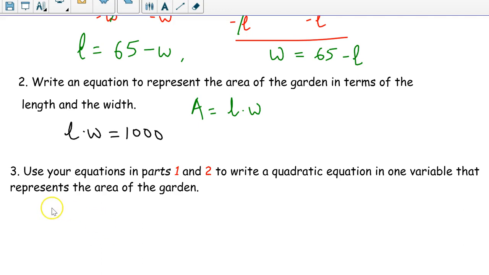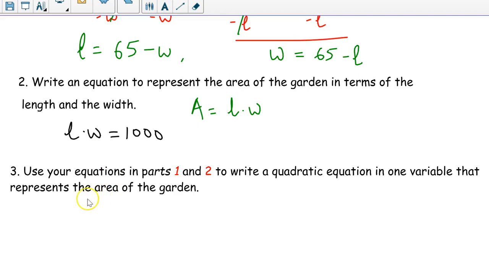Now use your equations in parts 1 and 2 to write a quadratic equation in one variable that represents the area of the garden. Even though you have an equation here in the second part, you have two variables, length and width, two unknown things. We don't know what the length is and we don't know what the width is.